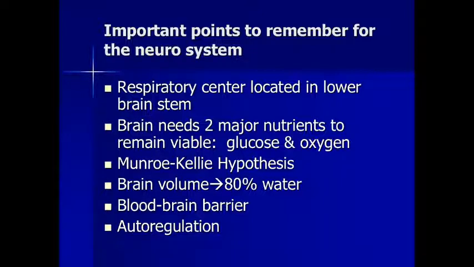The Monro-Kelly hypothesis states that a change in volume of any one of the components, be it the brain, the cerebral blood volume, or the cerebrospinal fluid, must be accompanied by a reciprocal change in one or both of the other components. If this reciprocal change is not accomplished, the result is an increase in intracranial pressure.